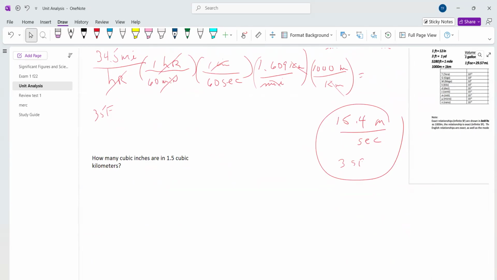We're going cubic inches to cubic kilometers, which is bigger, inches or kilometers? Kilometers are much bigger than inches. So if we're going to start with kilometers, we're going to end up with a whole bunch of cubic inches. So when you get your final answer, make sure that that number is big.